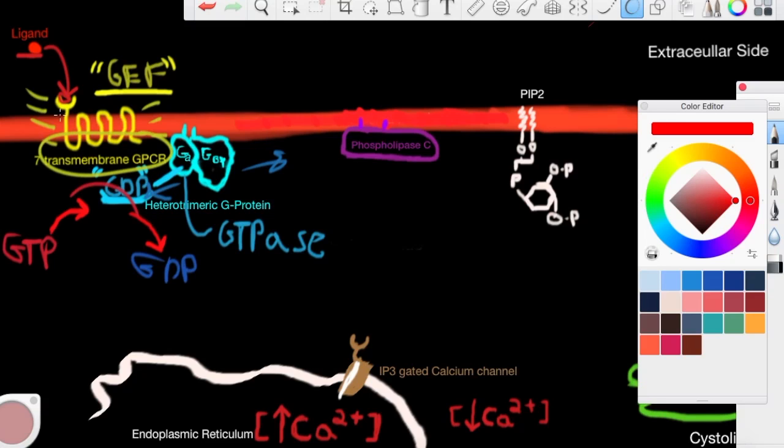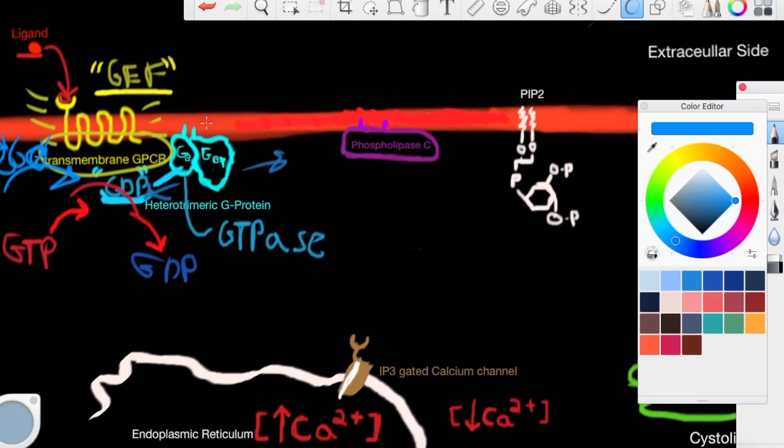But not only does it activate one heterotrimeric G protein, but it can activate many others. As long as that ligand is still associated on that receptor, you could still have many other heterotrimeric G proteins on the cytosolic side of the plasma membrane become activated, have their GDP switched out with GTP, and thus separate.